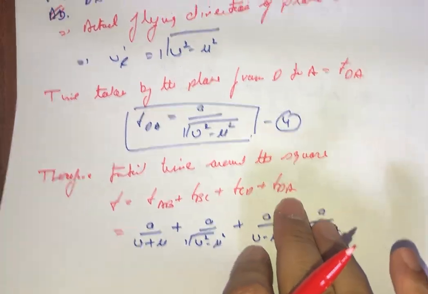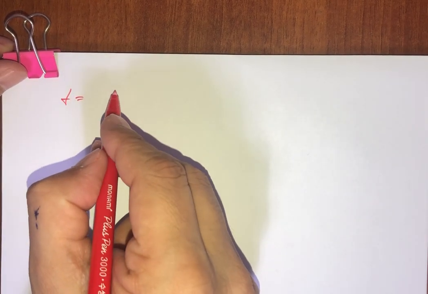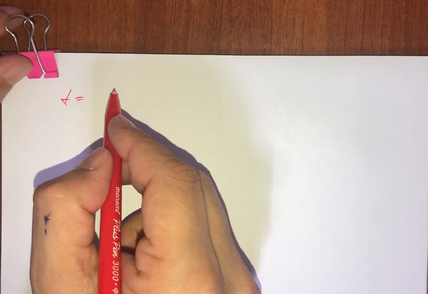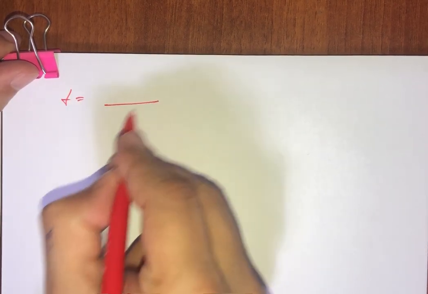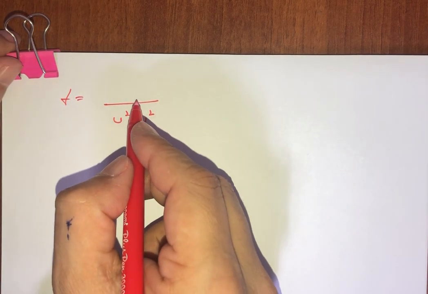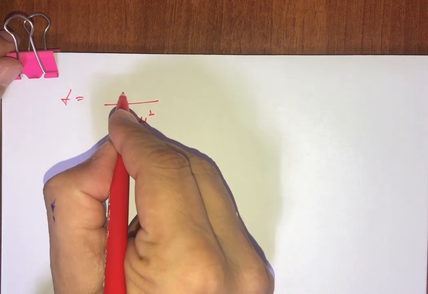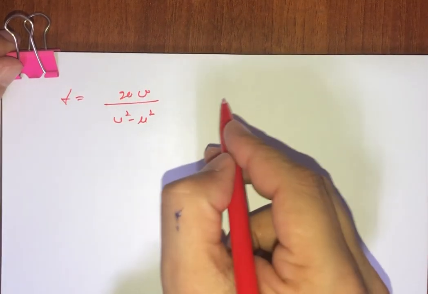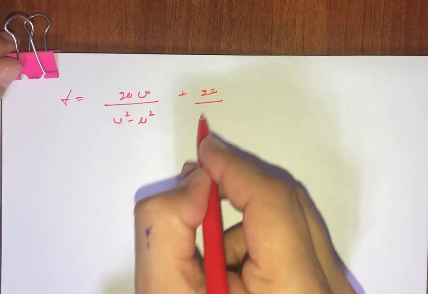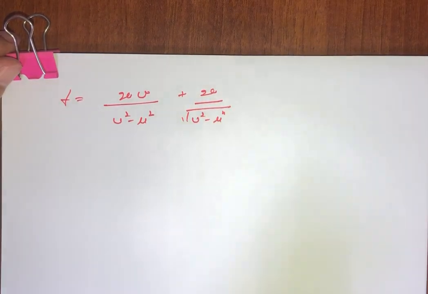Now this is simple arithmetic calculation. So we can write that the time t will be equal to, let us take the LCM, v square minus u square, and this will be coming as 2ab plus 2a square root of v square minus u square.